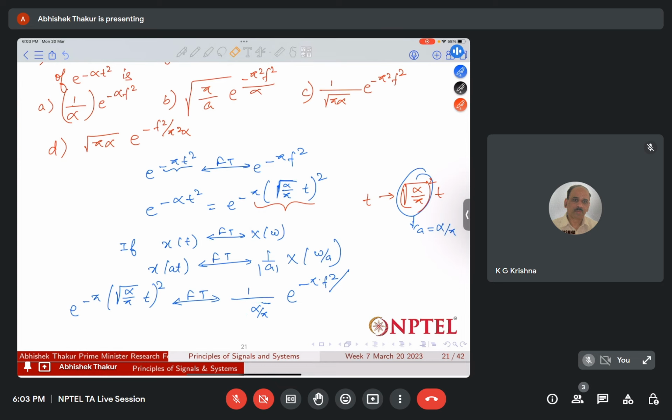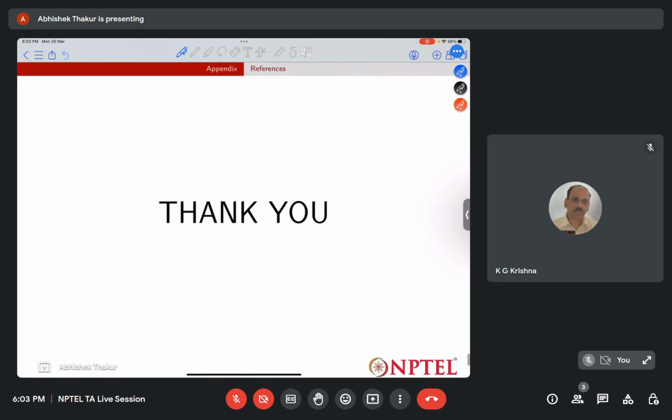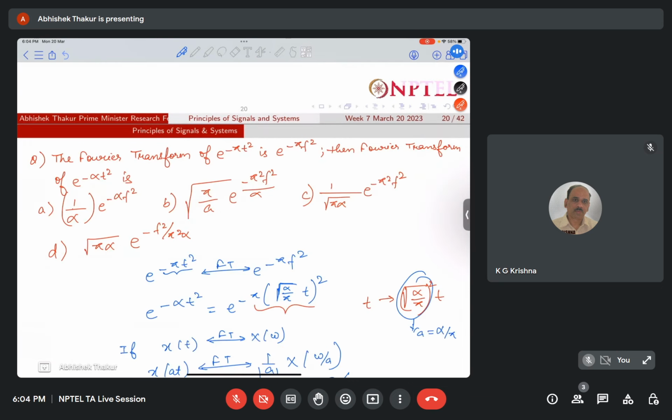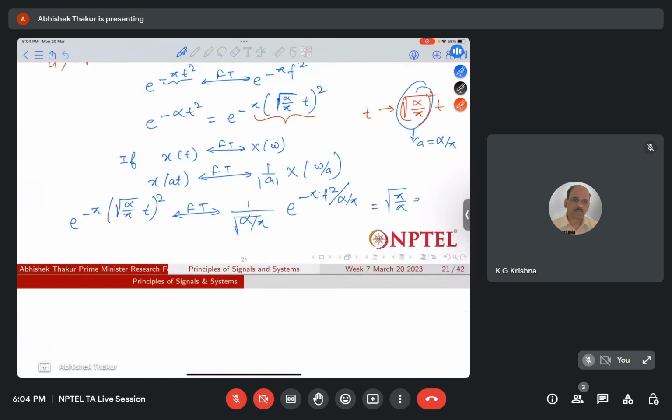So here also we have to write alpha by pi, and here also alpha by pi. So finally we will get the magnitude as under root of pi by alpha, and e to the power of minus, this pi will go up, it will become pi squared f squared by alpha.